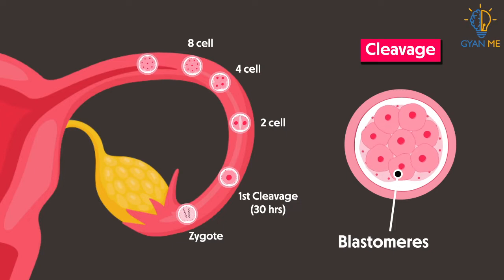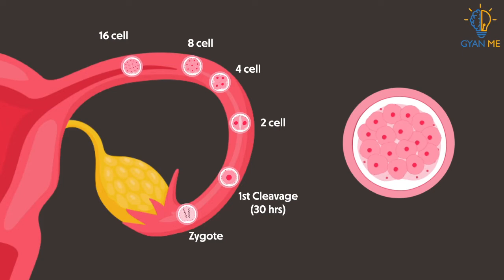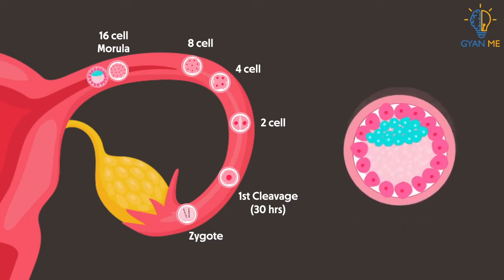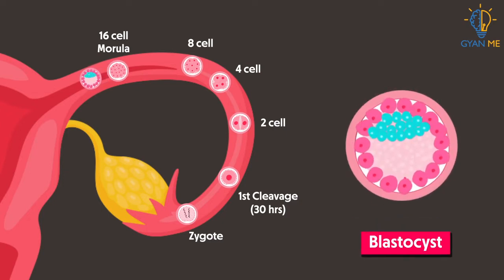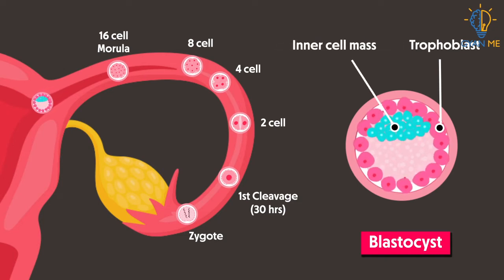Further, cleavage of cells continues and produces an 8 to 16 cell structure called morula and then blastocyst. Thus, after 6 to 8 days of fertilization, blastocyst is formed. It has an outer layer of blastomere cells called trophoblast and an inner group of blastomere cells attached to trophoblast called the inner cell mass.